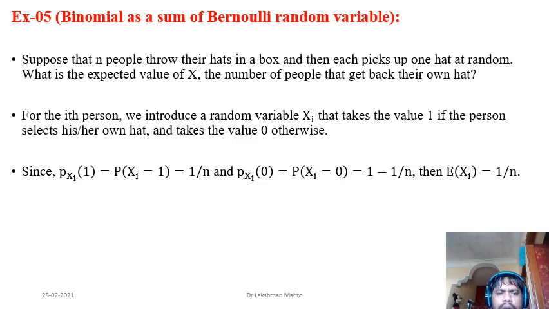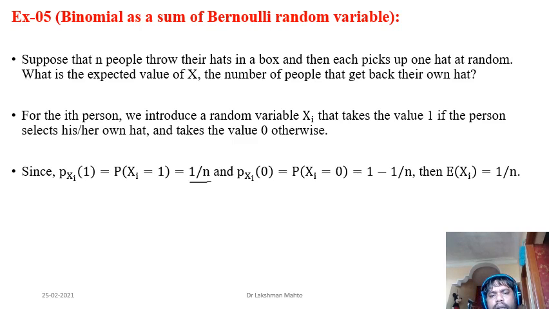Now coming to the expectation and the probability mass function of Xi, it is very simple. When Xi takes value 1, the probability is 1/n, because there are n people and all are equally likely. So the probability always happens to be 1/n, just the reciprocal of n.